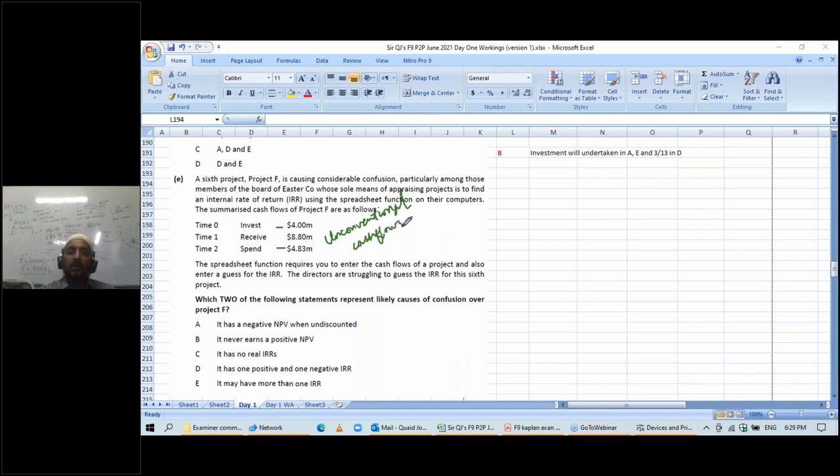There can be more than 1 IRR, you can say. So more than 1 IRR means at least 2 IRRs, right? So this one is correct. It may have more than 1 IRR. Secondly, what we have to do is read the question carefully. Which 2 of the following statements represent likely causes of confusion over project F?